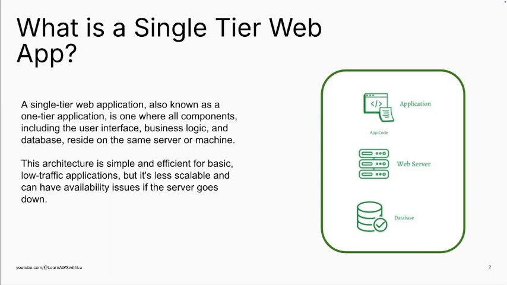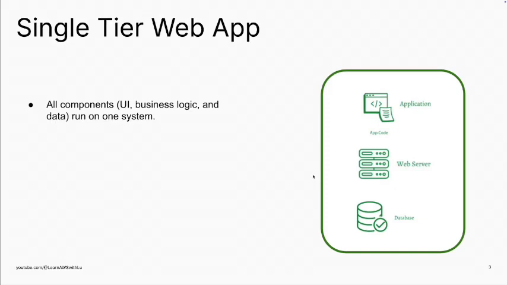It's one software that is running on one system. Those are single tier applications. Most websites are running single tier web apps, but there are some applications where you need to decouple this, and that is where the multi-tier application comes in.